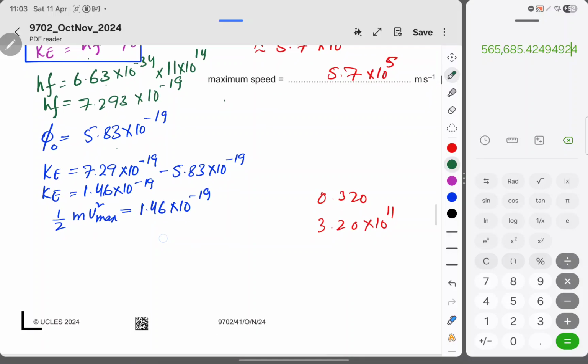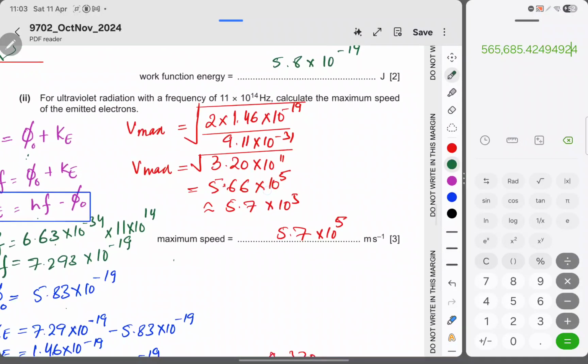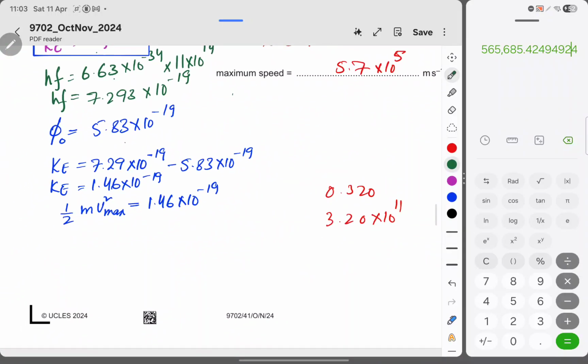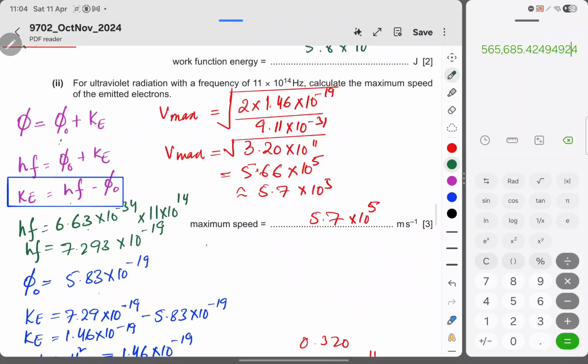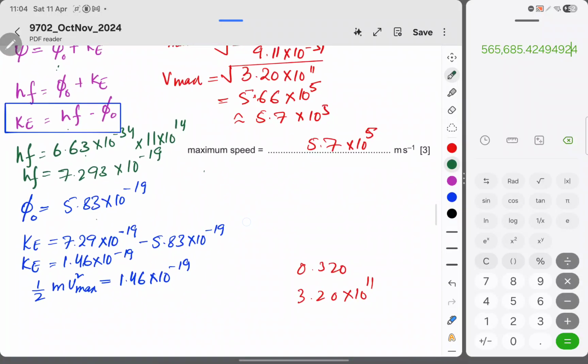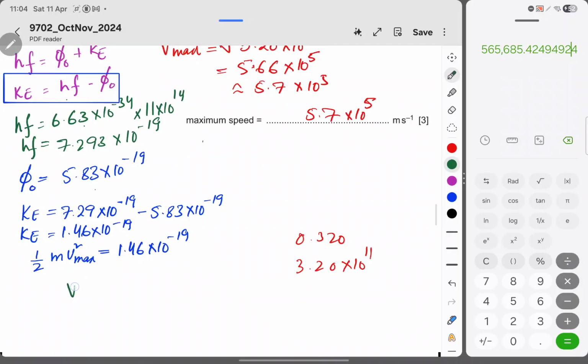Now the question is the maximum speed. So we know the mass of the electron is 9.11 into 10 to the power minus 31. After rearranging the formula, we get v max equals the square root of 1.46 into 10 to the power minus 19 multiplied by 2, divided by the mass of the electron.